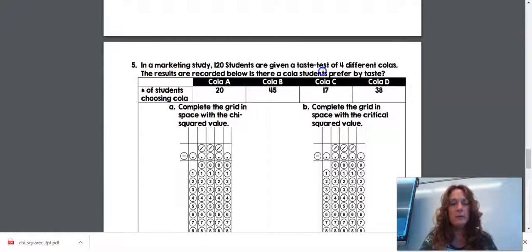Okay, so that's simple. You're drinking different drinks. You have 120 students. They're taste testing different colas. So I'm going to set this up here where I can write it, because we don't write ours in that direction.